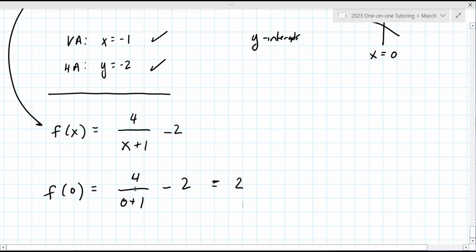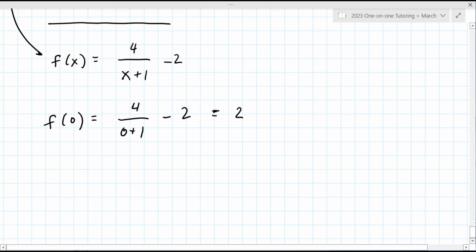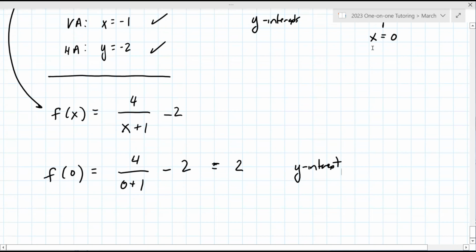So some of them are pretty straightforward like this. They can become more complicated, but this is the y-intercept. Now the y-intercept is an ordered pair. What did we say the x value is for the y-intercept? x is 0. x is always 0 for the y-intercept.